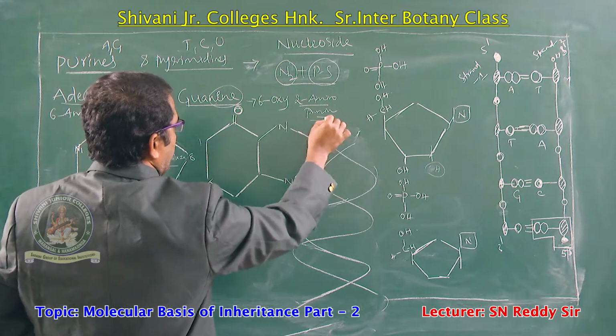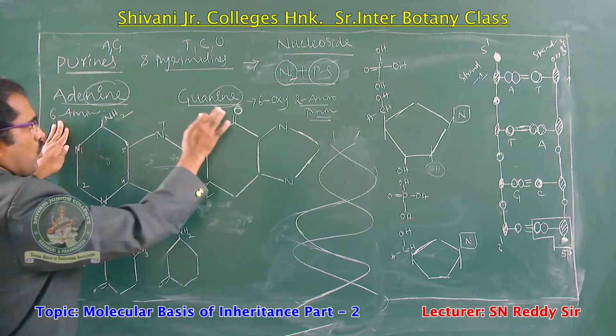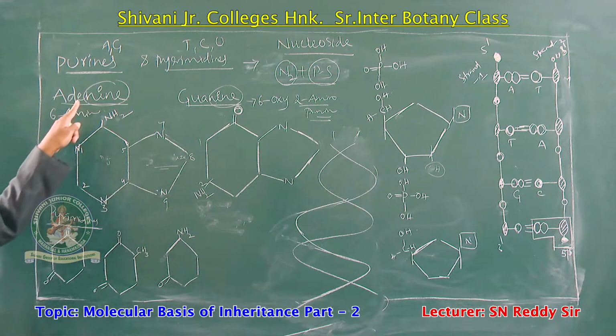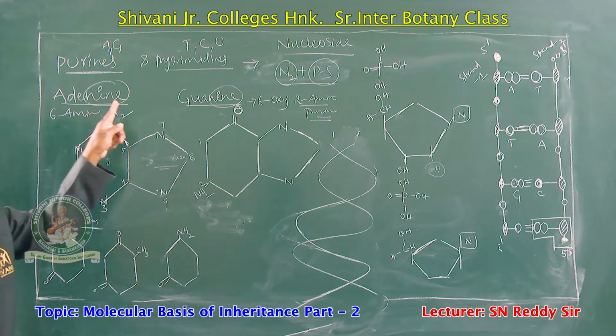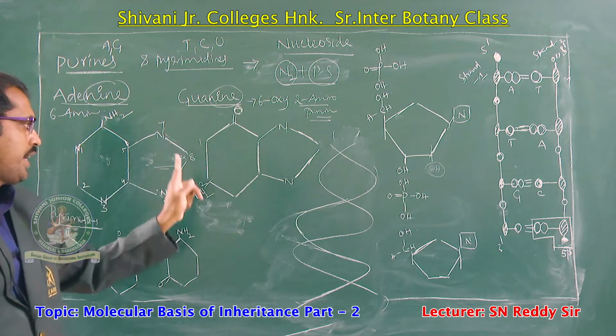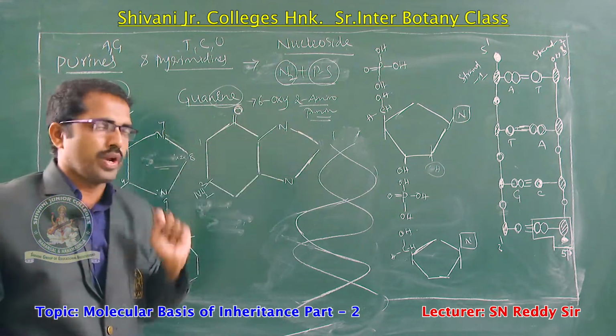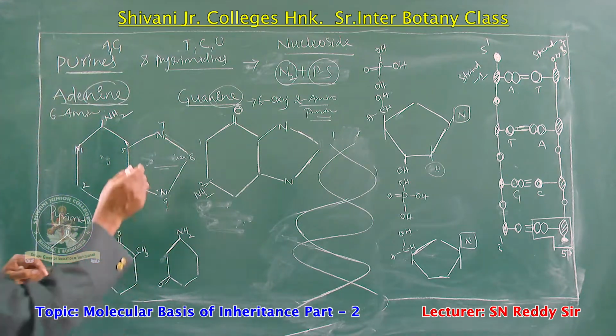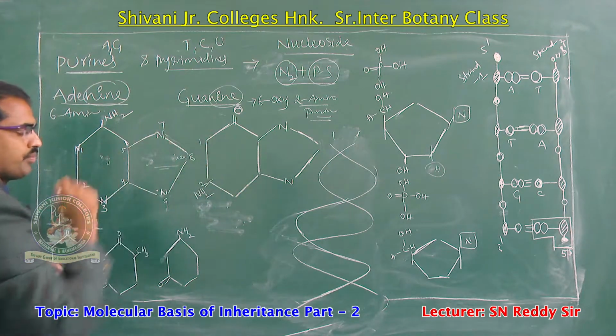This is chemically adenine and guanine. Adenine we call 6-aminopurine, and guanine we call 6-oxy-2-aminopurine. This is the structure of adenine and guanine.